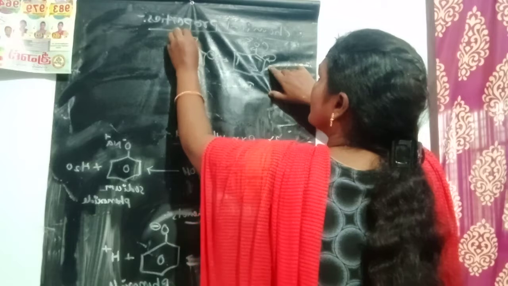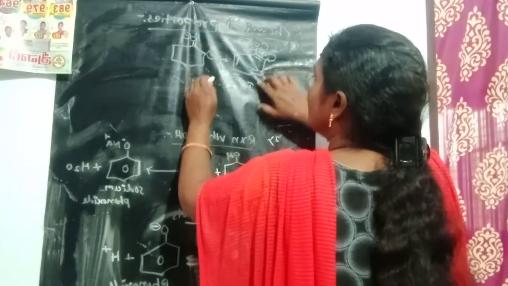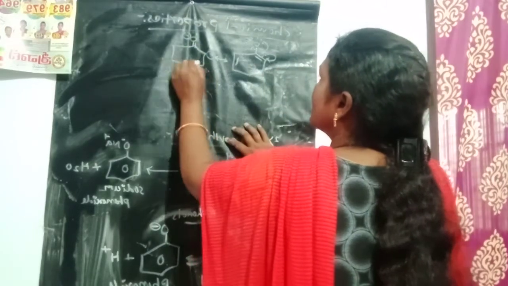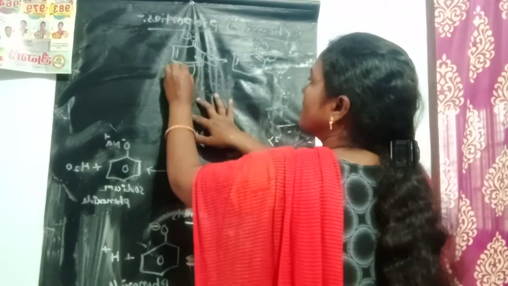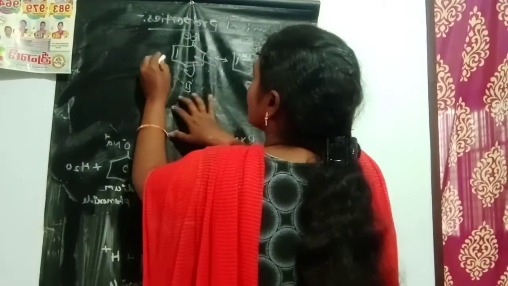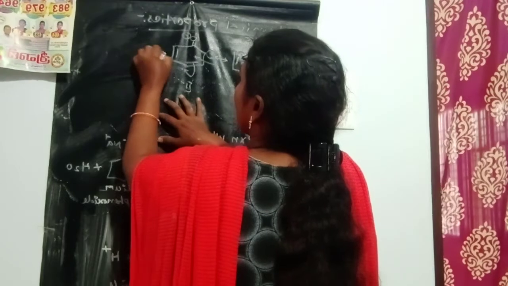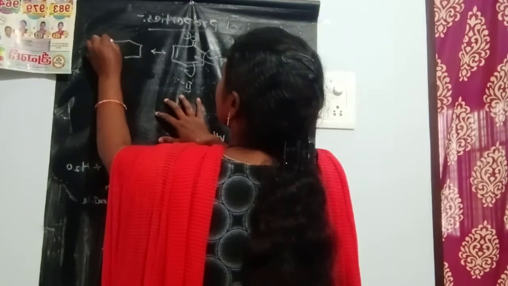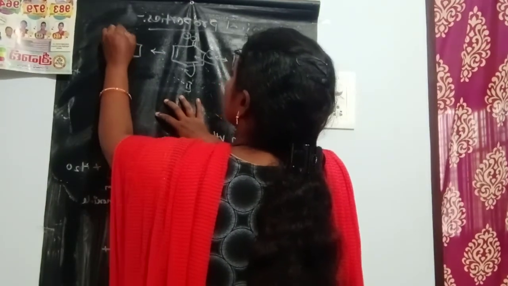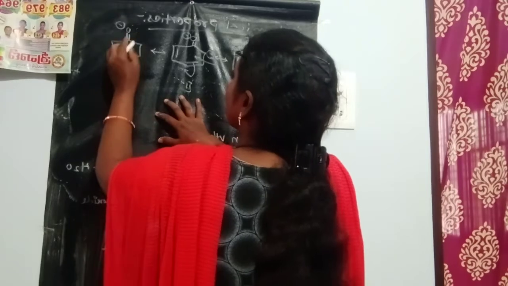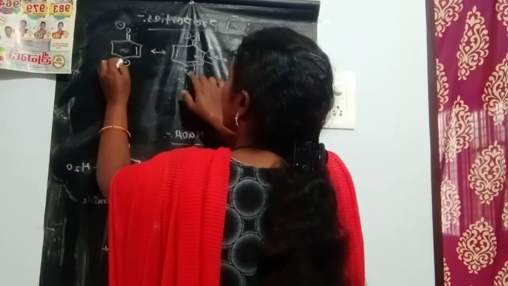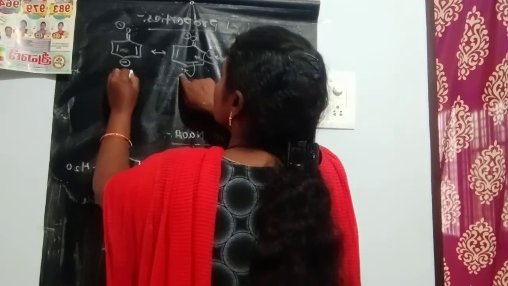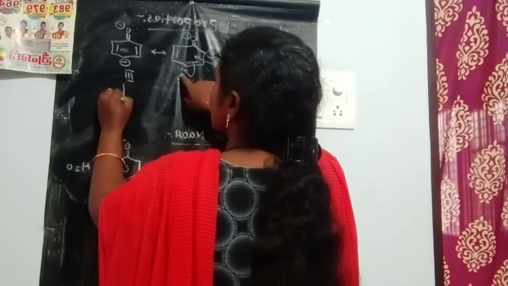Next, the negative charge rotates the bond. This is the second structure. Then O minus lone pair forms a bond, and this is the third structure.